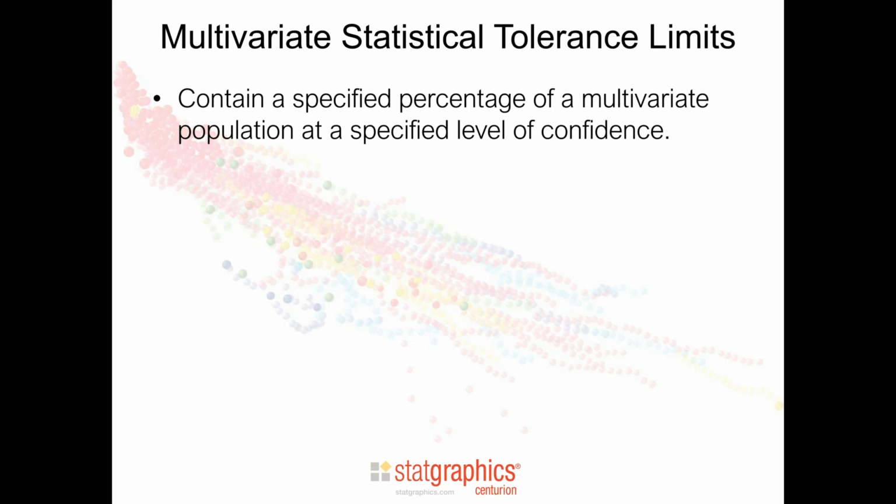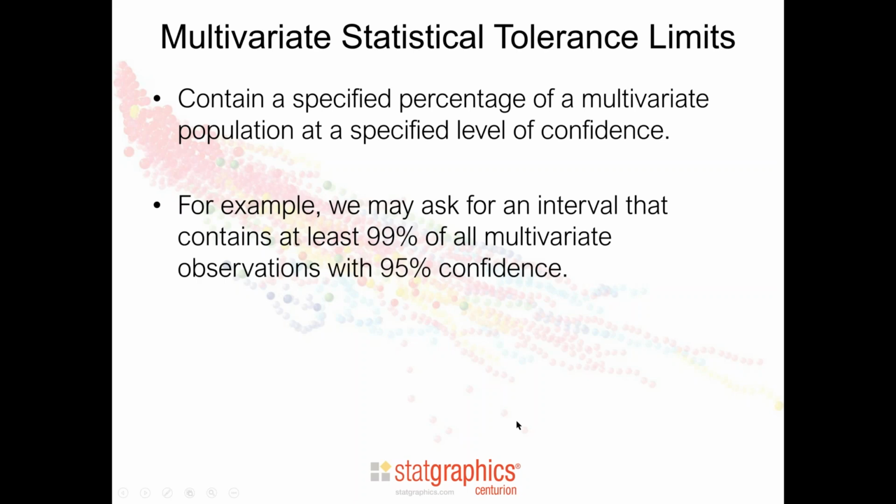A multivariate statistical tolerance limit contains a specified percentage of a multivariate population at a specified level of confidence. I can say, give me a region within which I'm 95% certain I'll find 99% of what I'm producing. But it's multivariate.